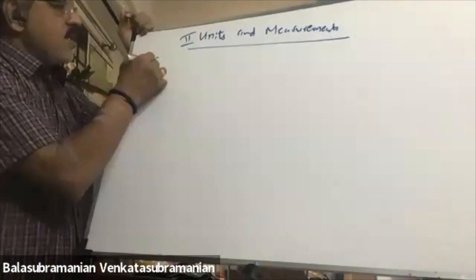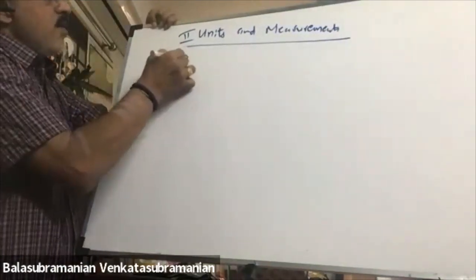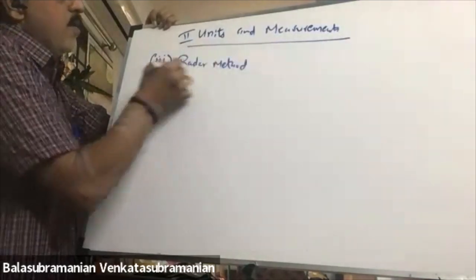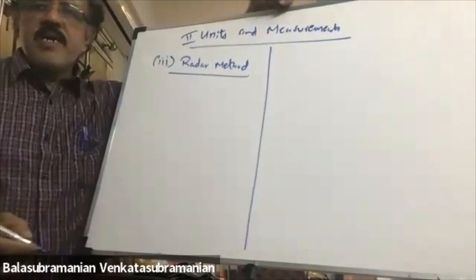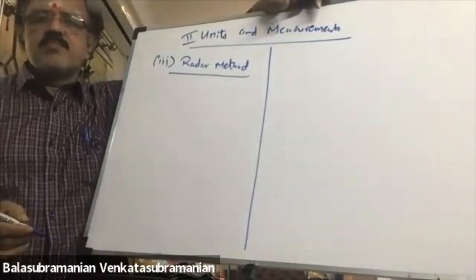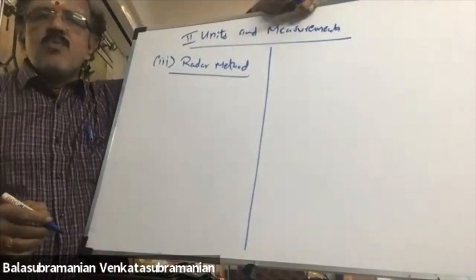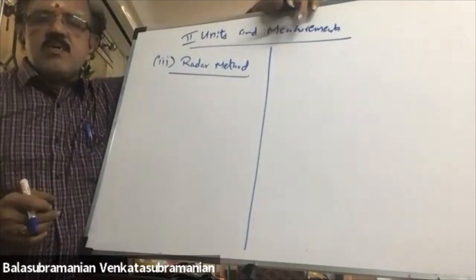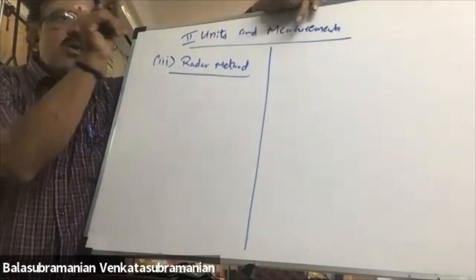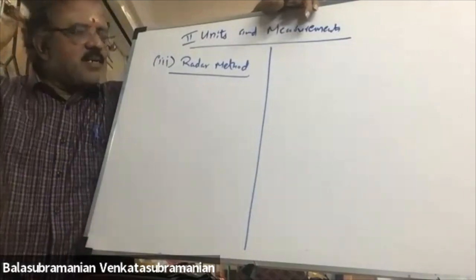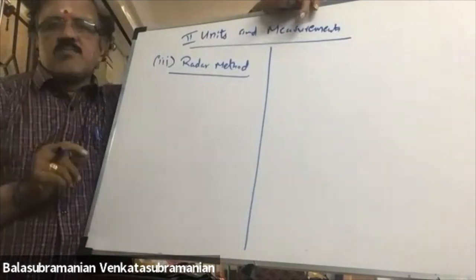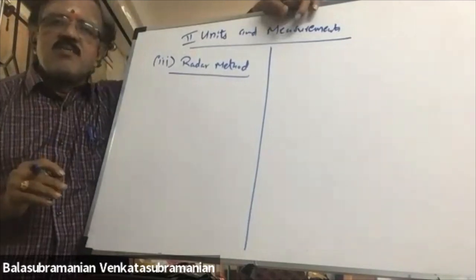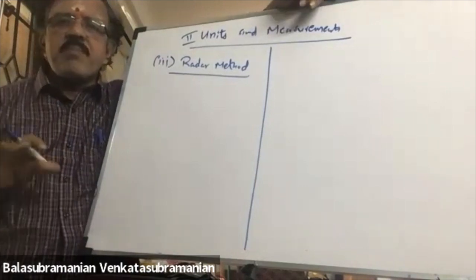Radar method. What is the radar method? Suppose you want to find out where a particular ship or aircraft has gone, which has got disconnected from the base station.